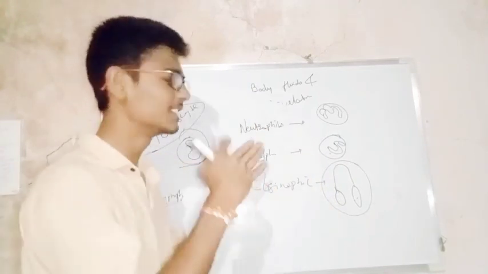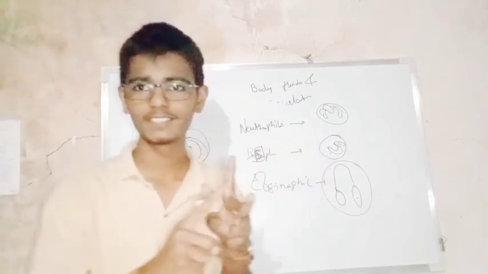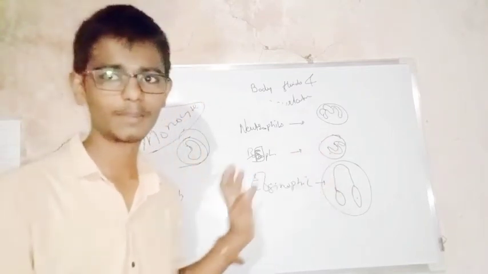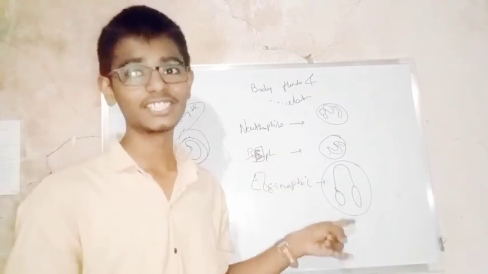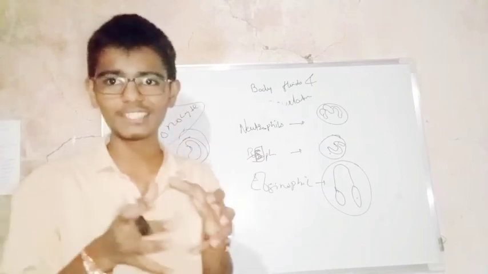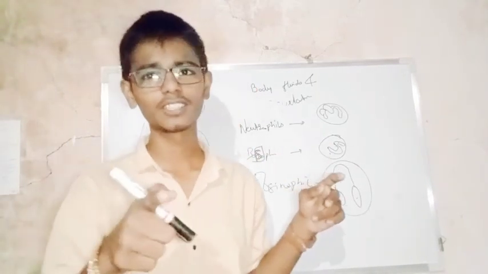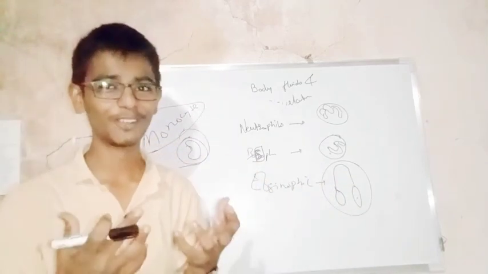Basophils secrete heparin, histamine and serotonin. The S shape you will remember from this also. Eosinophils, allergic reaction. If you memorize like this, you will never forget. If eosinophil, the function is the allergic reaction.